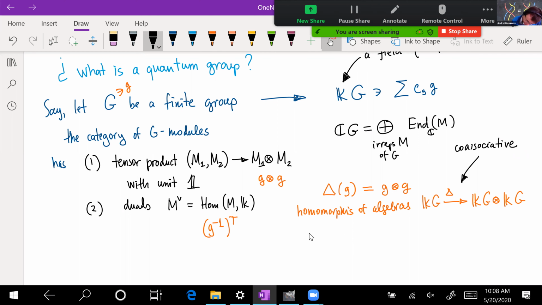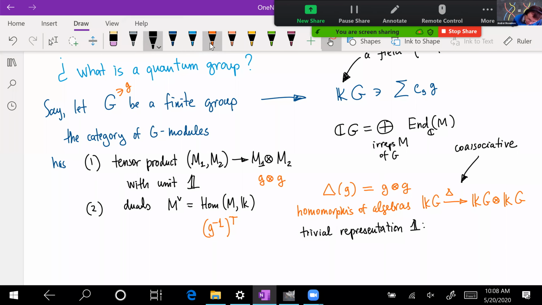And unit means, the unit with respect to the tensor product, the trivial representation. Unit means you have a map.